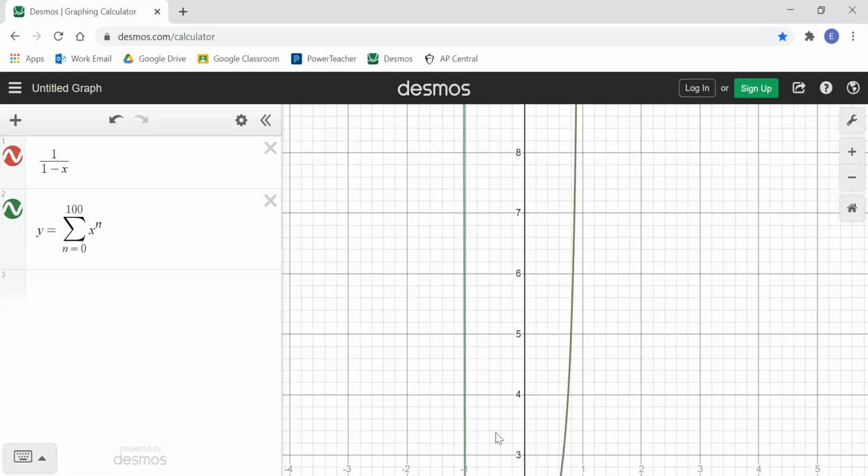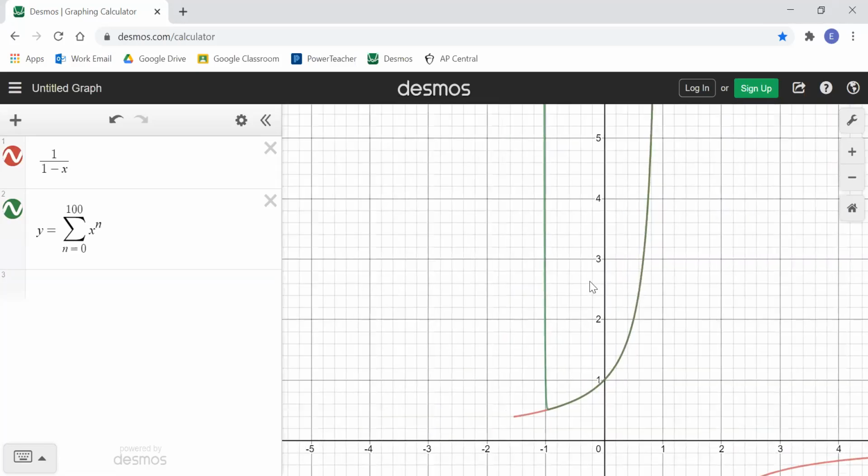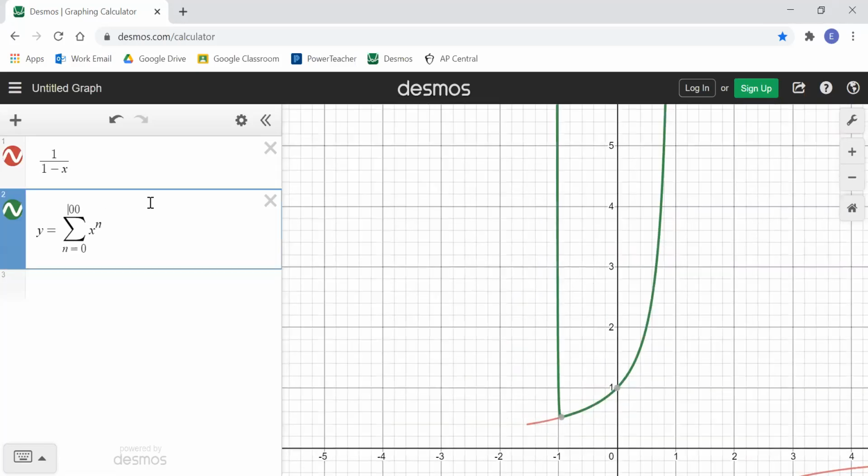And I don't know how much Desmos could handle on here. But maybe if we give it a 300 there. We were intersecting at 0.949. So let's see if we'll give it a second here and see if it can adjust that or not. 300 might be too much for it to handle in its calculations, because you got to think, what is it having to do here?